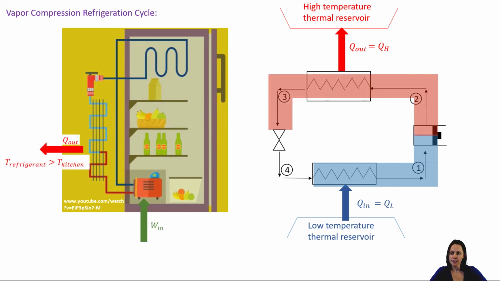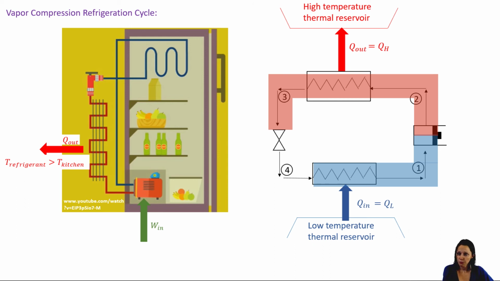And then from 2 to 3, it passes through that heat exchanger, the condenser. Because your refrigerant is hotter now, you've compressed it, it's all the way up in that superheated region, and the temperature of your refrigerant is much higher than the temperature of your kitchen, your heat is going to flow from your refrigerant to your kitchen.